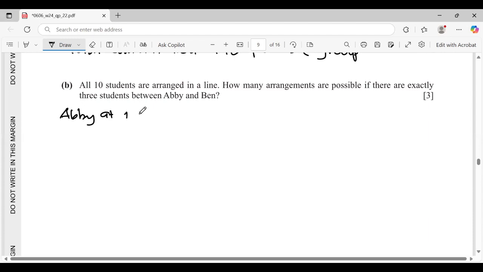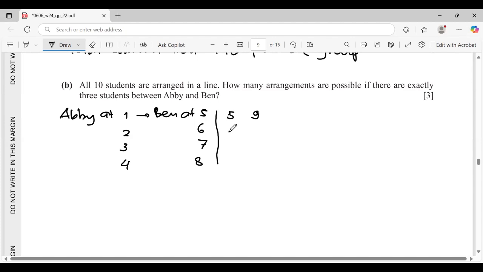Abby at position 1, Ben at position 5. If Abby at position 2, Ben at position 6. If Abby at position 3, Ben at position 7. If Abby at position 4, Ben is at position 8. If Abby at position 5, Ben is at position 9.